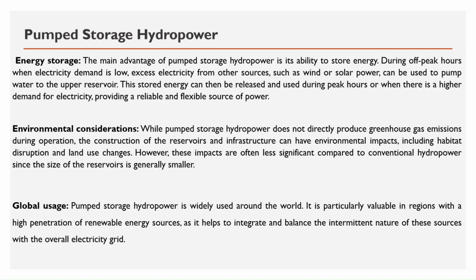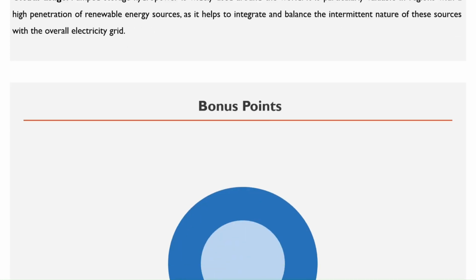Global use. Pumped storage hydropower is widely used around the world. It is particularly valuable in regions with high penetration of renewable energy sources as it helps integrate and balance the intermittent nature of these sources with the overall electricity grid.